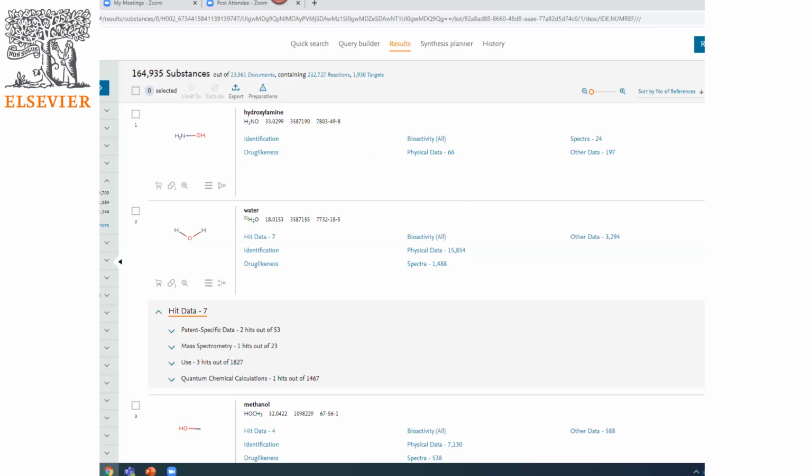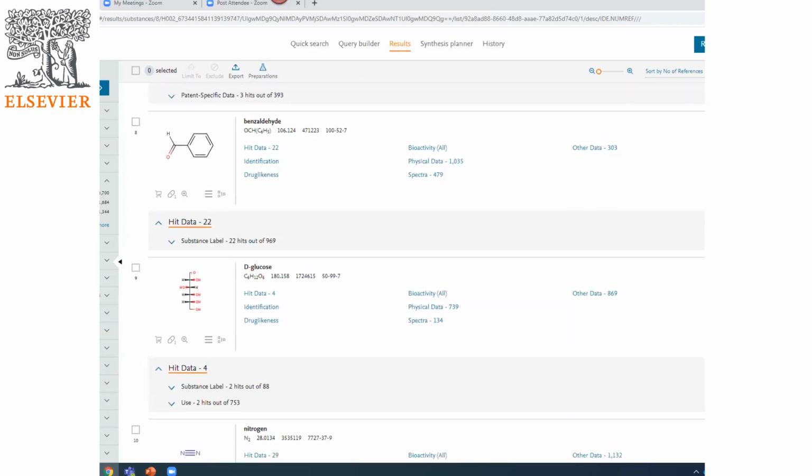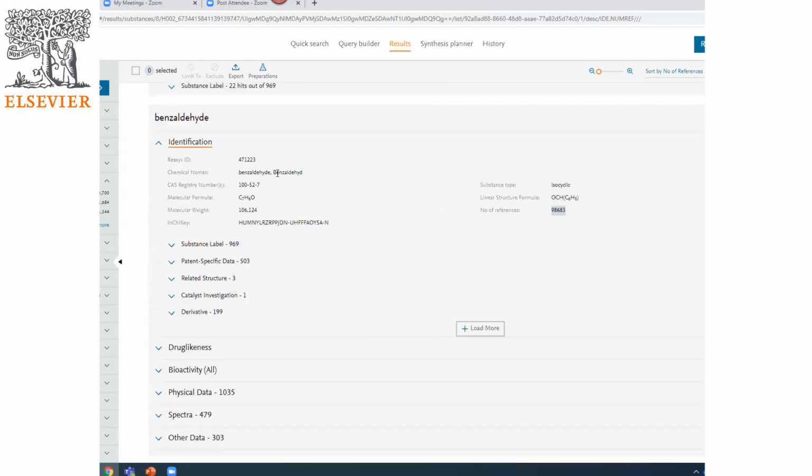How do the physical properties and other properties look in Reaxys? For example, benzaldehyde. What do we have here? In the identification, we can get access to the Reaxys record.